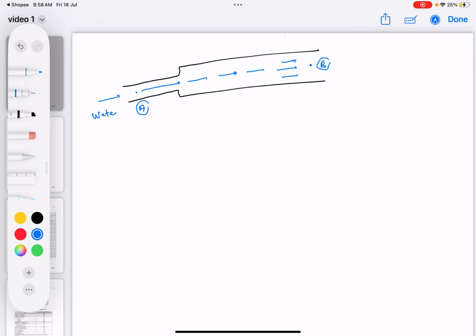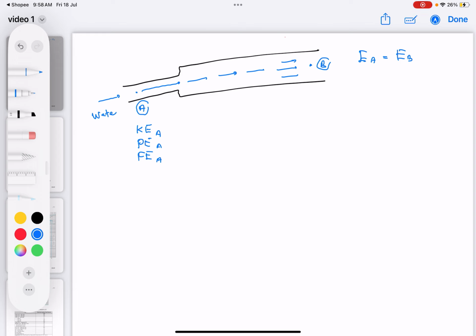From the principle of conservation of energy, we can say that the total energy at point A should be equal to the total energy at point B, because the principle of conservation of energy states that energy cannot be created or destroyed. It can only change form. The total energy at point A is going to consist of kinetic energy, potential energy, together with flow energy.